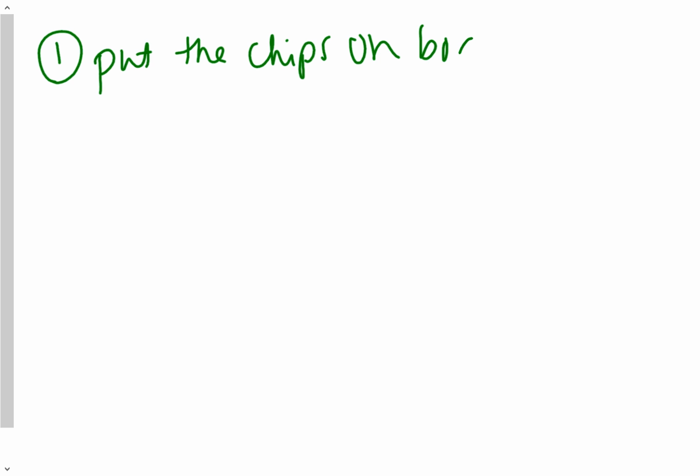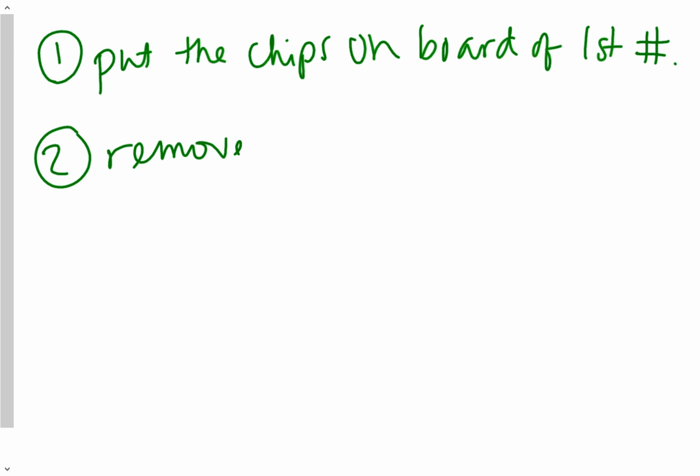I just want to reiterate. First, put the chips on the board for the first number. The second thing I want you to do is remove the chips of the second number.